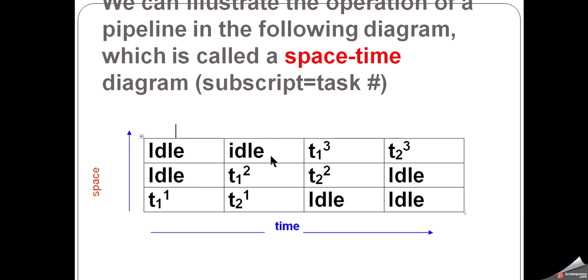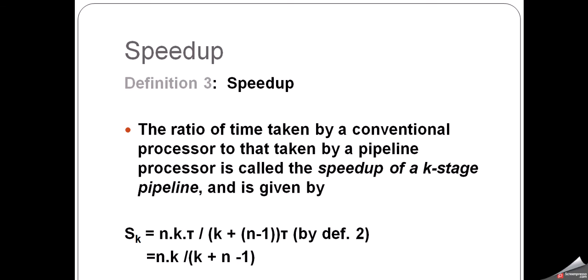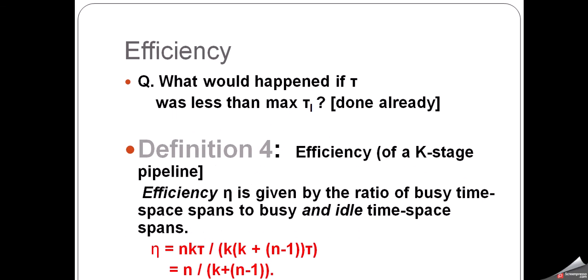Well, I've got 3 idles here. That's 6. And the total of busy is 6, that's 12. So total of busy is 1, 2, 3, 4, 5, 6 divided by 12. So the answer is, according to the definition, it's 0.5. Okay?